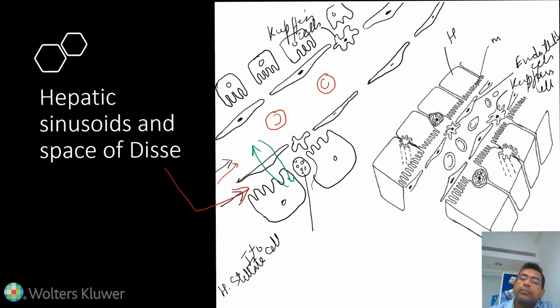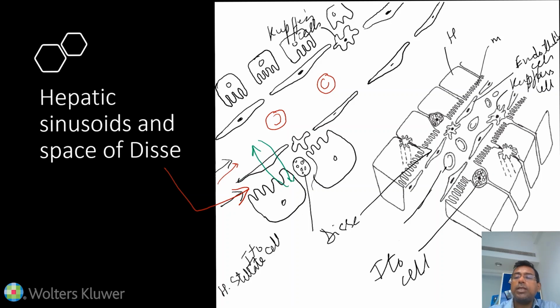That's the RBC in the lumen, this one. And this space is the space of Disse. That's the Ito cell or the hepatic stellate cell.